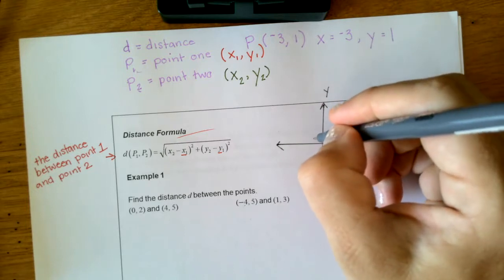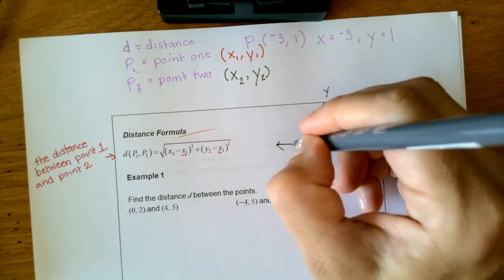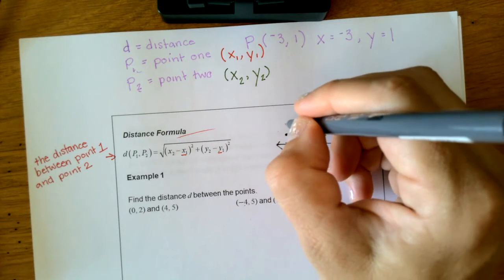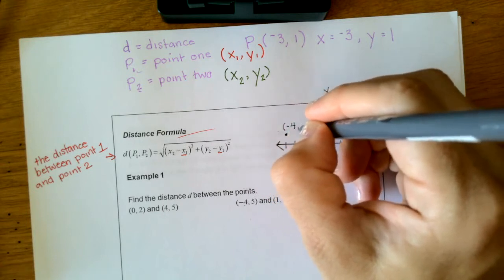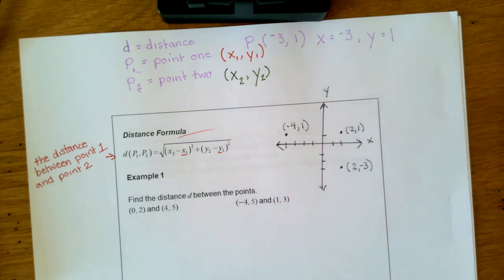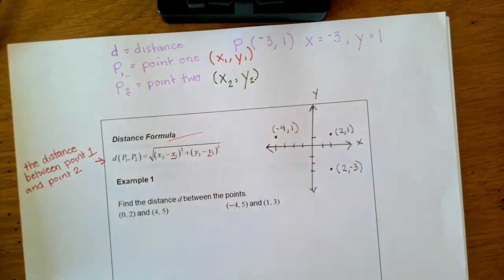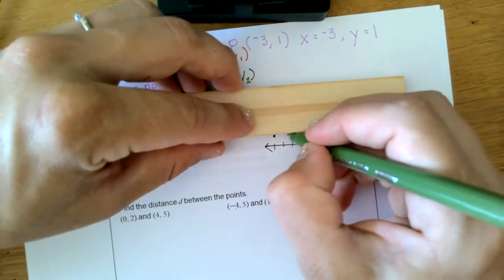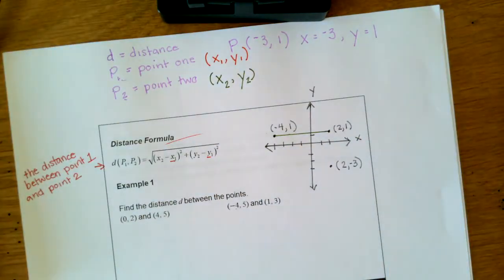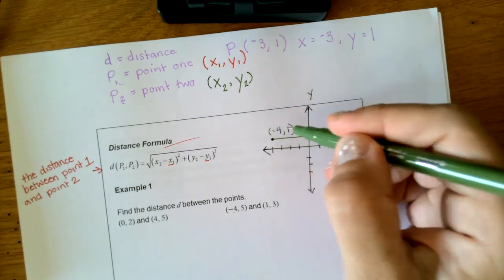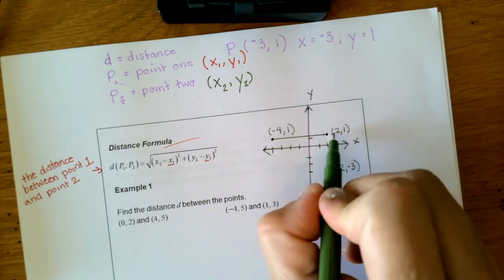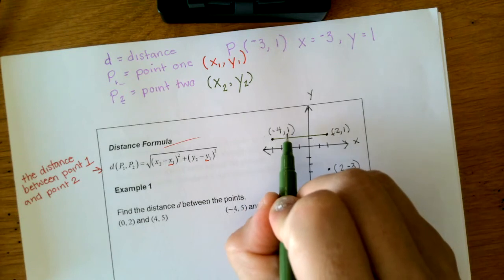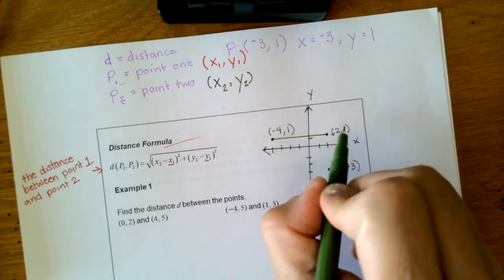And then here we've got -4, 1. Okay, got 3 points. What if I want to know how far away each point is from the other point? Between -4 and 2, but it's flat, right? They're all on the 1 y value.